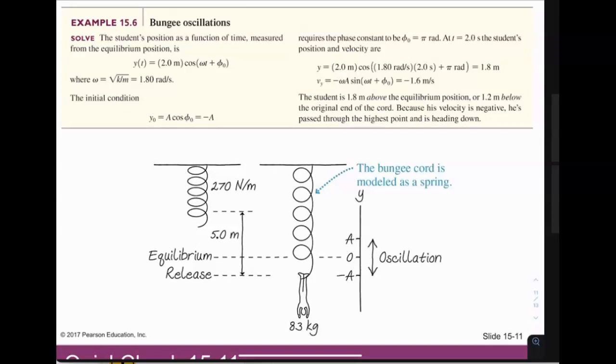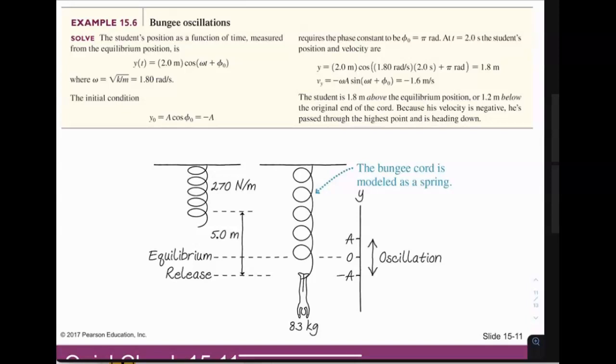Then at t equal 2 seconds, the student's position and velocity are, first for position, 2.0 meters times the cosine of 1.80 radians per second times 2.0 seconds plus the phase constant pi radians, which is equal to 1.8 meters. And then when we put in the numbers for the velocity equation, minus omega A sine of omega t plus the phase constant, we get minus 1.6 meters per second.